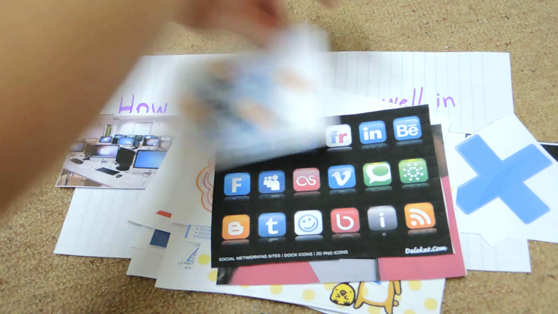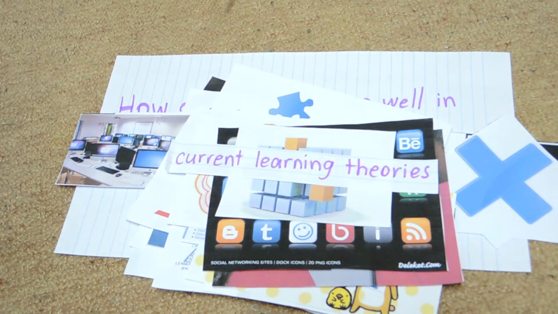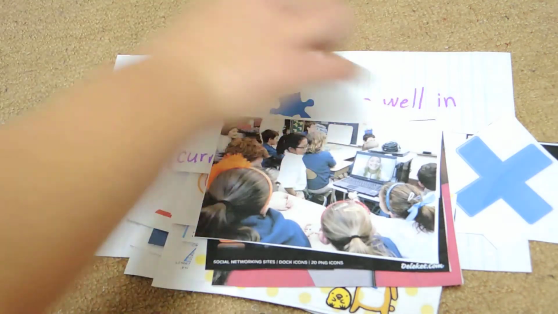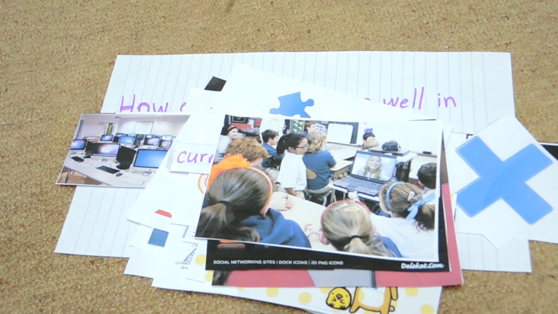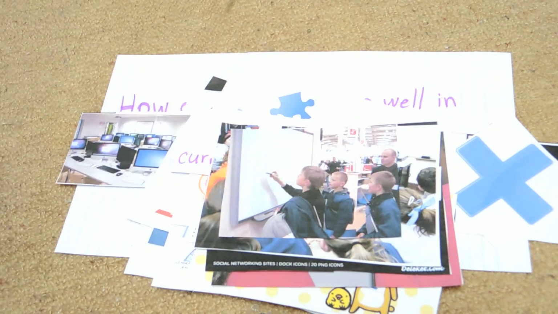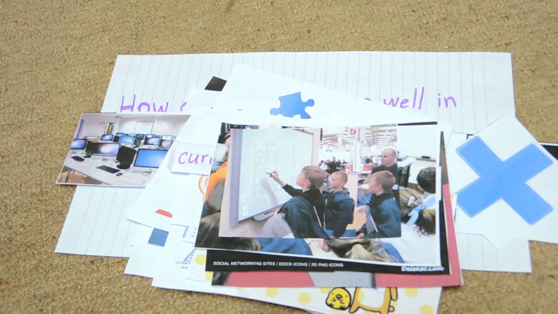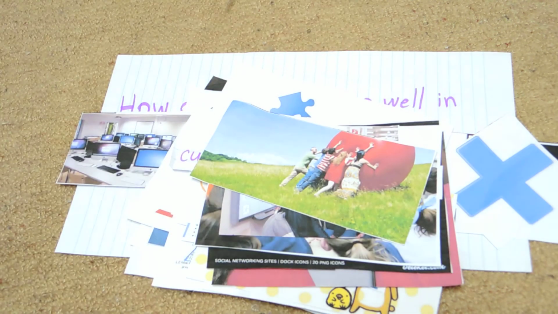It is when we base our instruction on current learning theories, such as constructivism, and use these to make ICT part of the learning environment and show our students how technology can be used for educational purposes, that it can greatly enhance children's learning environment.